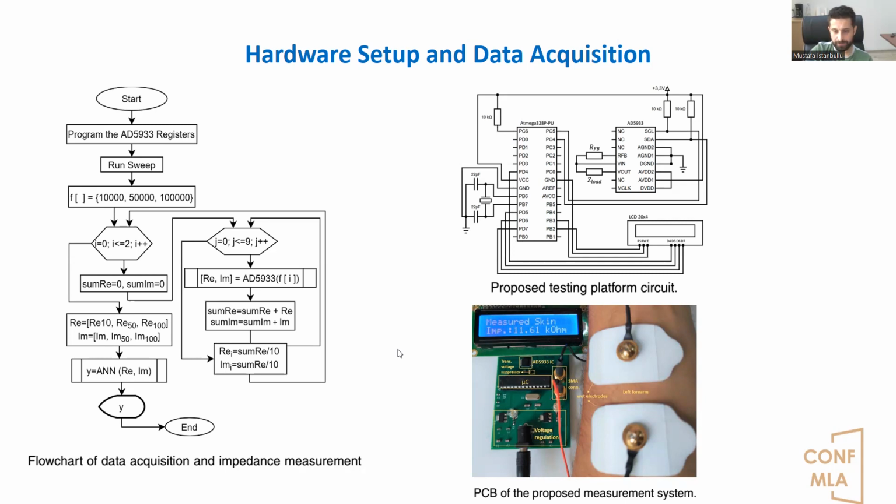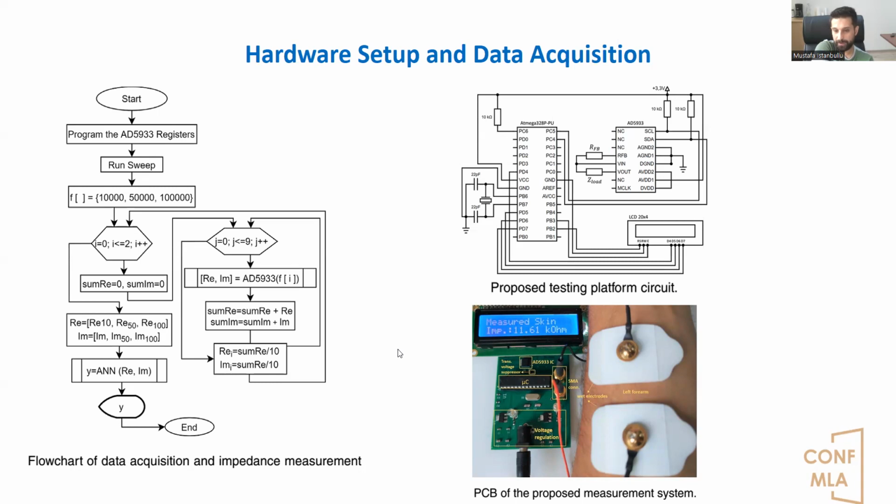Impedance measurement circuits with the AD5933 impedance analyzer is shown in the top right figure. The measurement system is supplied with 3.3 volts DC voltage and internal clock with 16.776 megahertz frequency is defined as the system clock for the impedance analyzer chip.